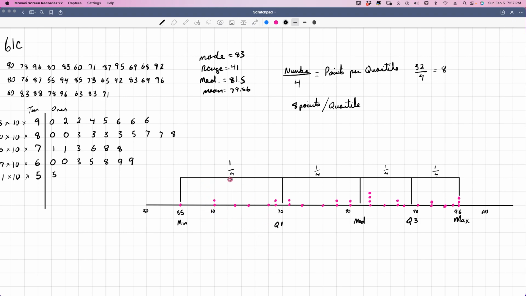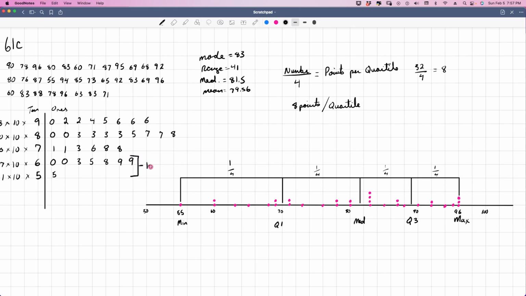So we see in the first quartile that we go from the minimum of 55, which is the lowest. So we go from 55, so this is 1, 2, 3, 4, 5, 6, 7, 8. So 55 through that last 69 here, that is going to be your first quartile.